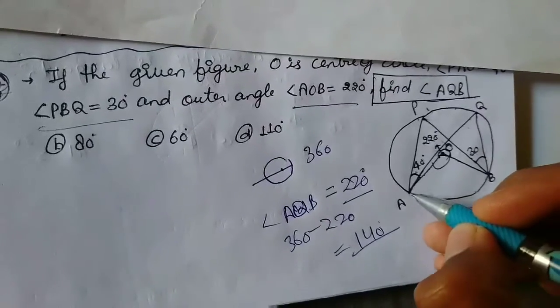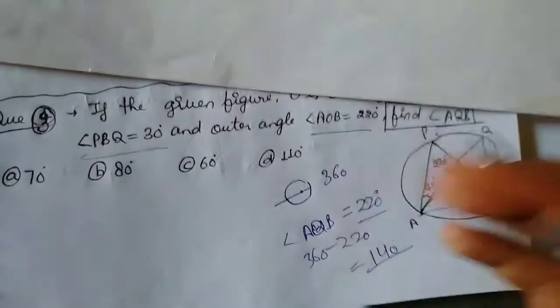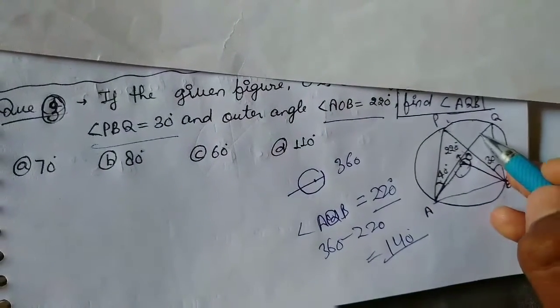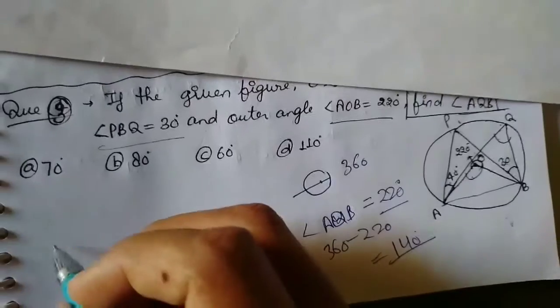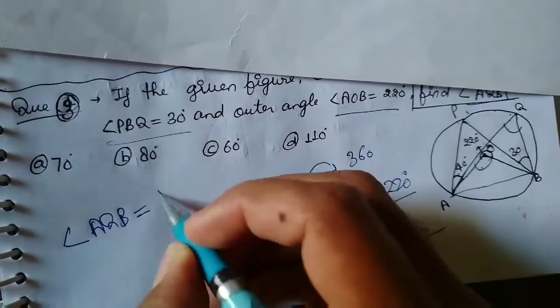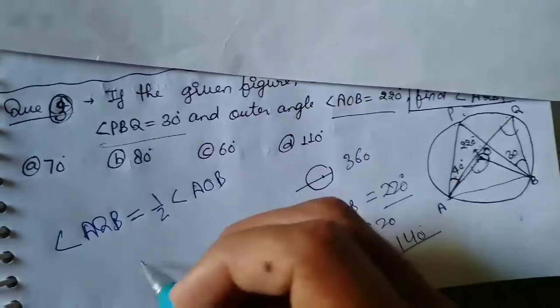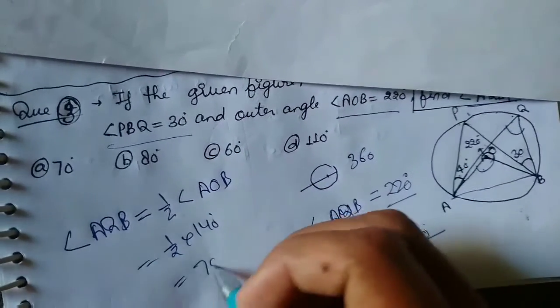And we know that for a chord, say AB is a chord, the angle made by a chord at the center is twice the angle made at the circumference. So angle AQB is half of the angle made at the center, which is 1 by 2 into 140 degrees, so it is just 70 degrees.